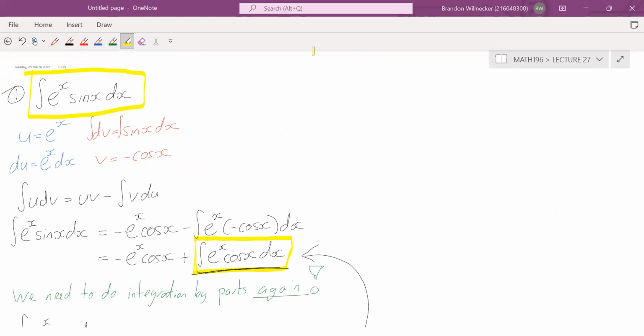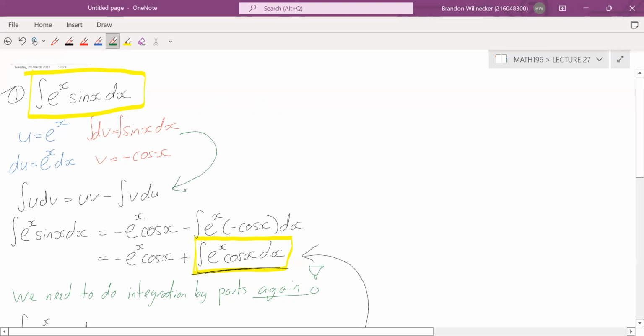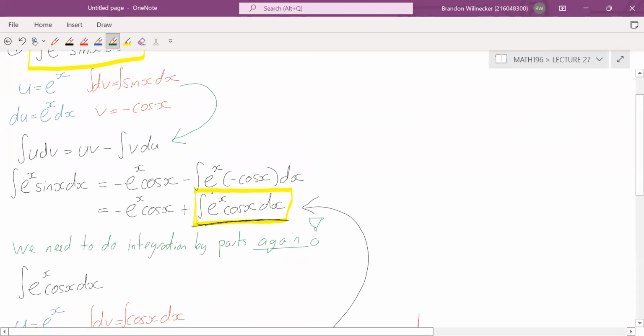We then find du and v. That's what we need to then substitute into our formula, our integration by parts formula. We do that, and we end up with this integral to do.